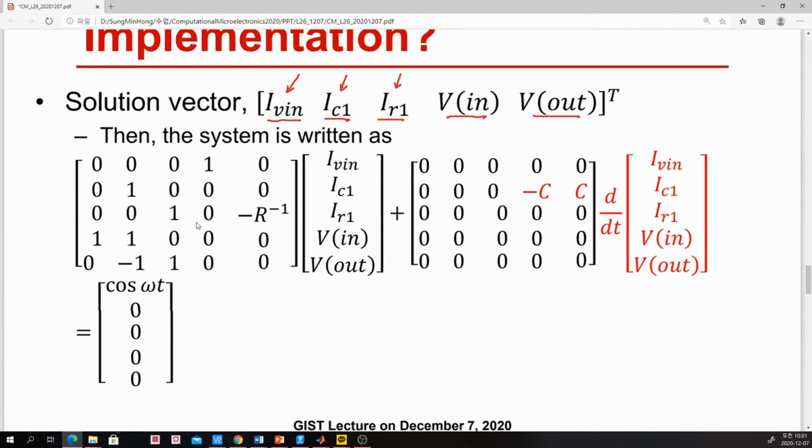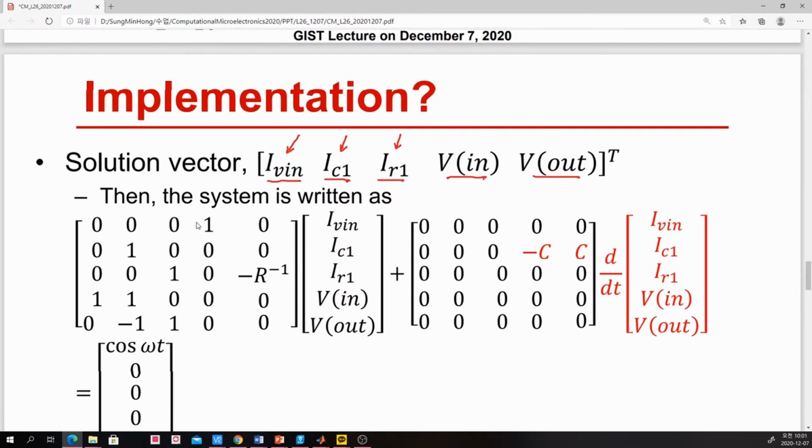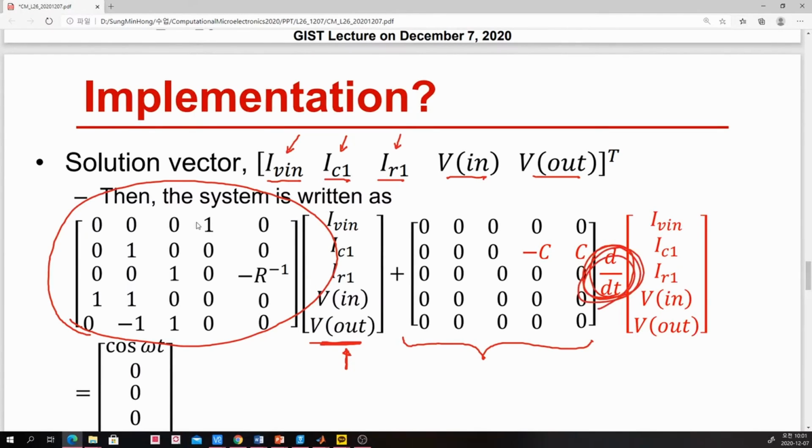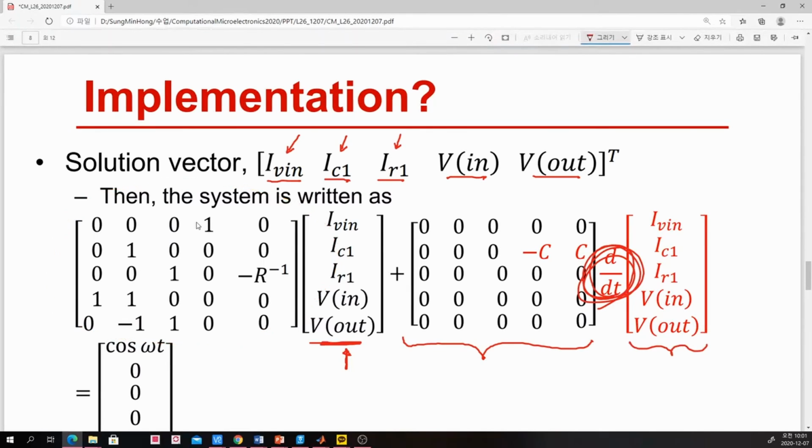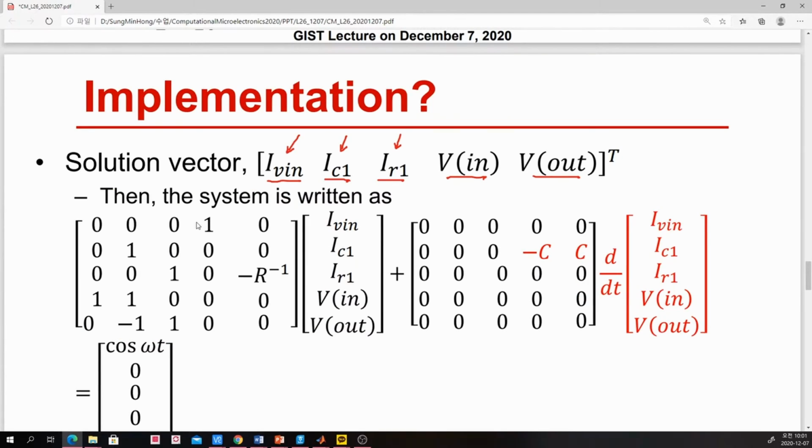Then here we have a system matrix which really depends on the instantaneous value, the value itself at a given time. However, we have an additional system matrix which is related to the time derivative term of our solution variable. That is the important difference between our previous resistive circuit and our RC circuit.